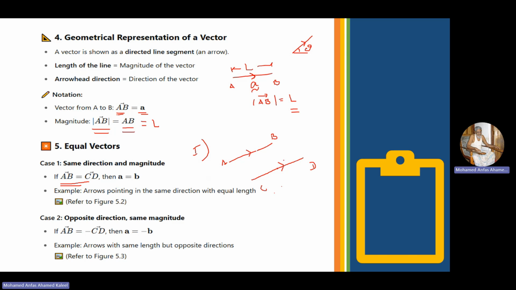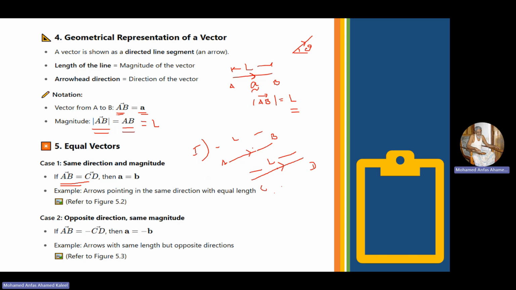At the same time, the mod of AB, the length of AB, and the length of CD are the same. It means the mod of vector AB and the mod of vector CD are equal. Because they are parallel vectors, the direction is equal and the magnitude is equal.